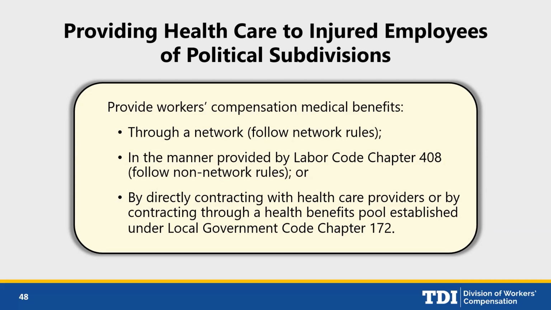Or they can operate like a non-network, which means the patient can see any doctor that they want to see, and all of our reimbursement is found in our rules. Or they can have a direct contract with certain doctors and certain hospitals in their area. Say it's a rural school district, they can have direct contracts.